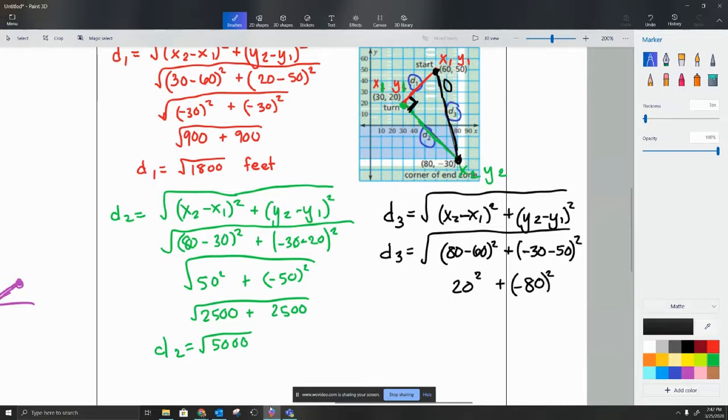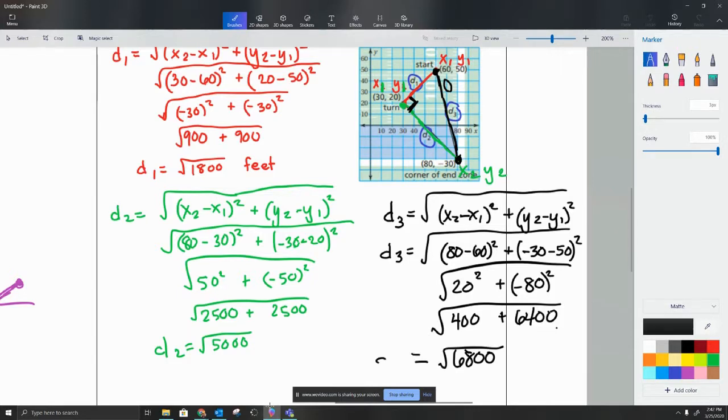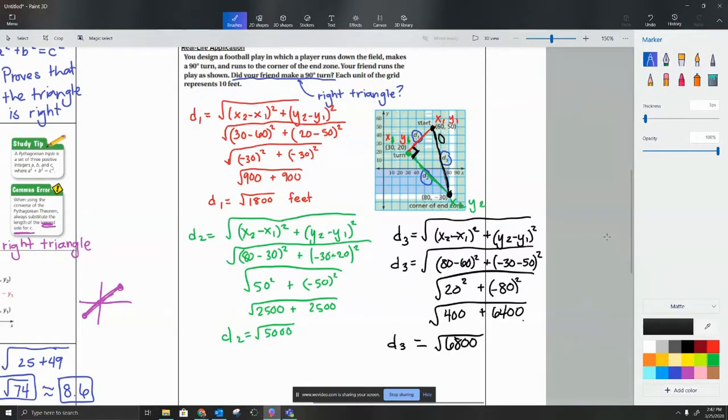All right, so 20 squared is 400, negative 80 squared, that's going to be positive 6,400. And all this is still being square rooted. So that's 6,800 total. And that represents D3. Okay, remember these are distance measurements in feet.